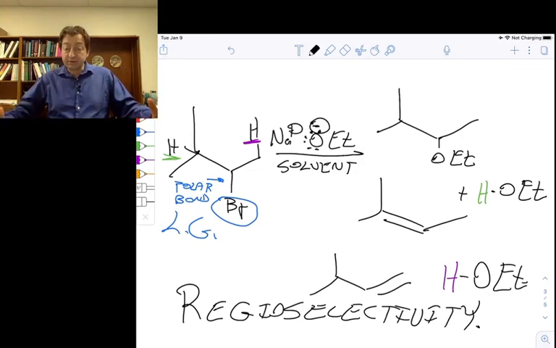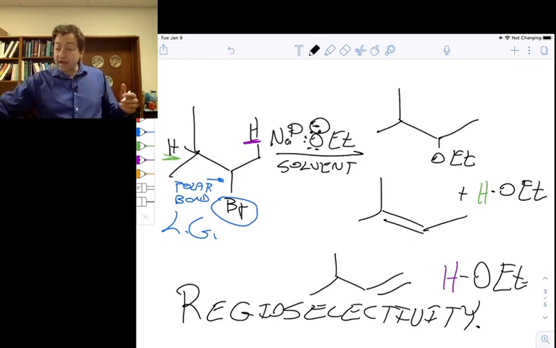We've got the substitution product where we just displace the bromide with the ethoxide anion. And we've got two possible elimination products where we remove a proton and leave a double bond behind. And so now what we're going to spend a lot of time talking about is being able to decide what we could imagine the outcome for these kinds of reactions.